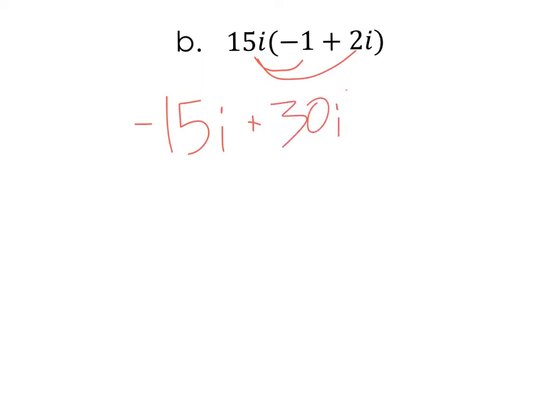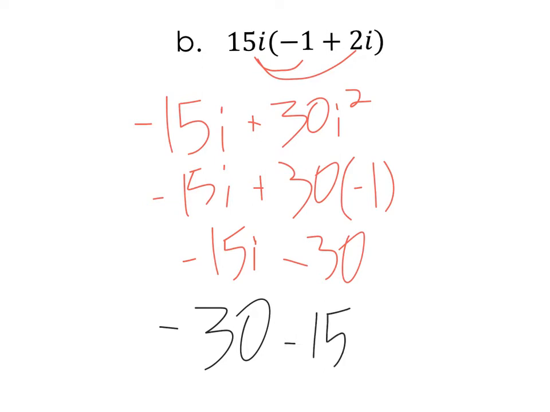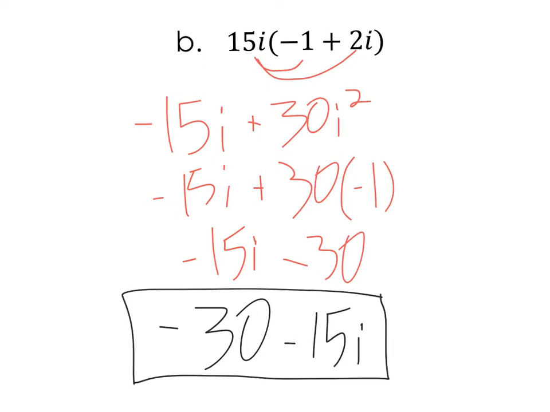And then i times i is i squared. And so 30 turns into 30 times -1, which makes -30. So you have -15i minus 30. Write it in standard form with the regular number coming first and the imaginary number coming second. And now you've done letter B.